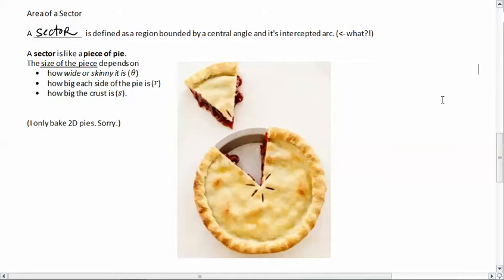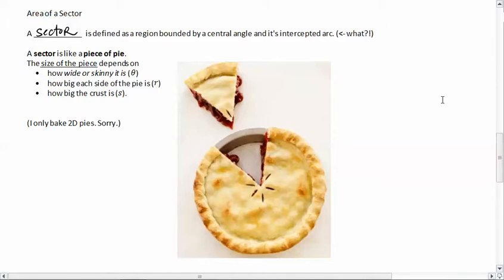The size of that piece of pie depends on a lot of things that are obvious, right? How wide or skinny that piece is, which we talk about in terms of angles, which would be theta in this case, how big each side of the piece is. So if we have a piece of pie that is the size of your hand versus a piece of pie that is the size of your table, that's going to affect how big each side of that pie is, which is our radius.